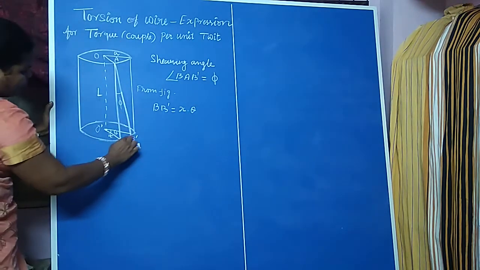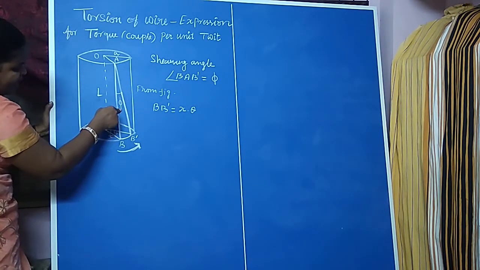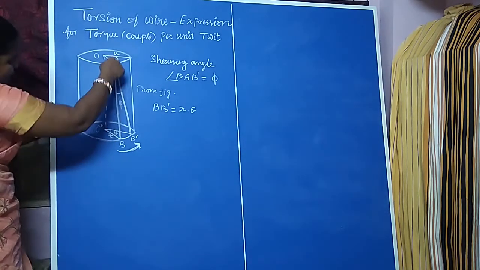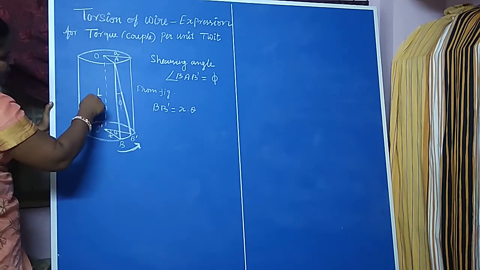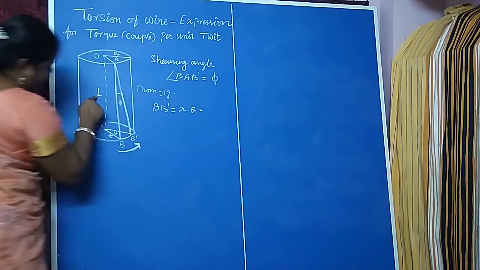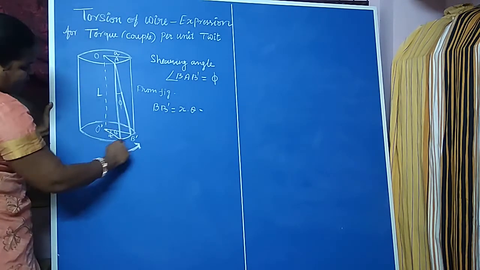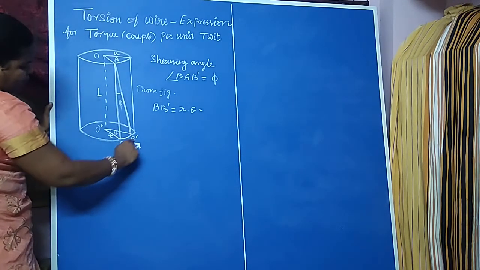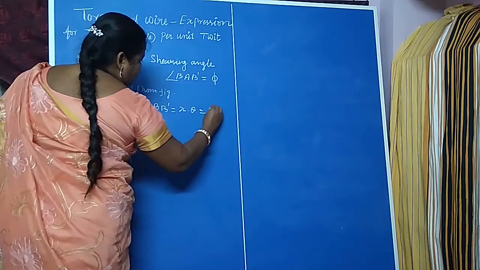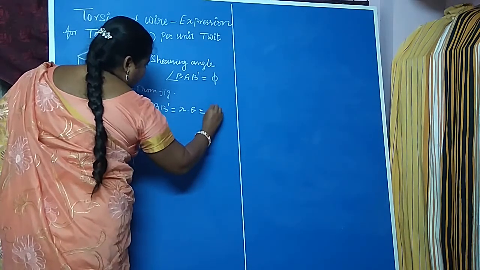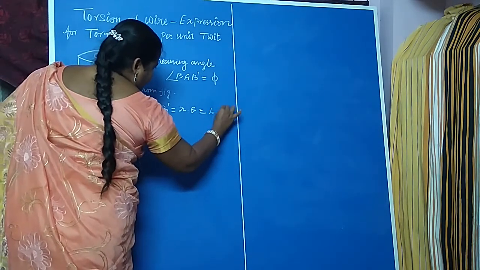And also BB dash subtends a shearing angle phi. The whole length AB is capital L, so length into angle phi will also give the value of BB dash, which is equal to L into phi.